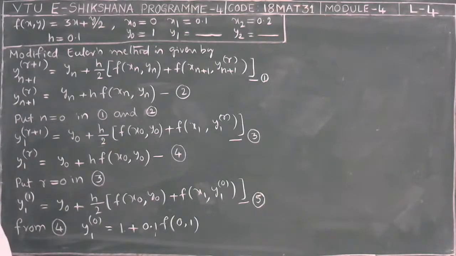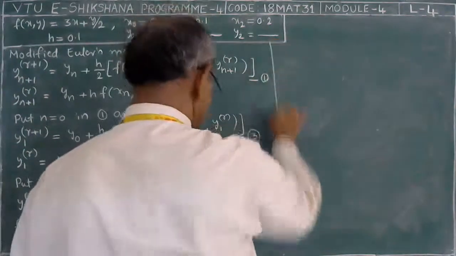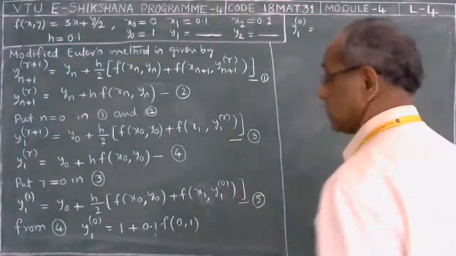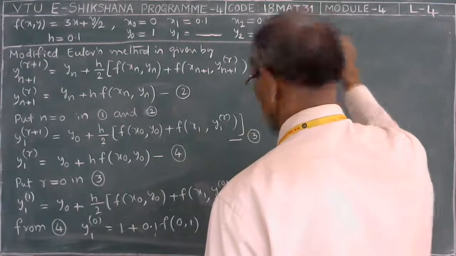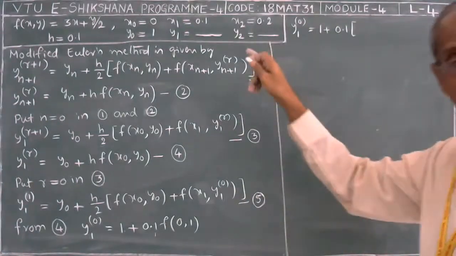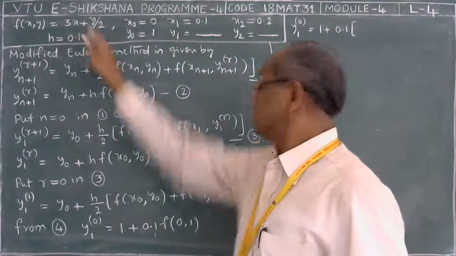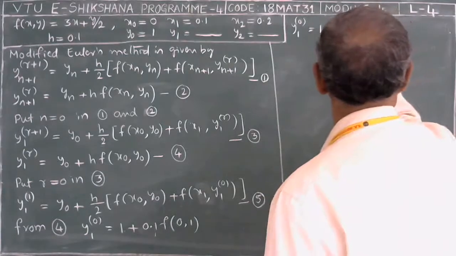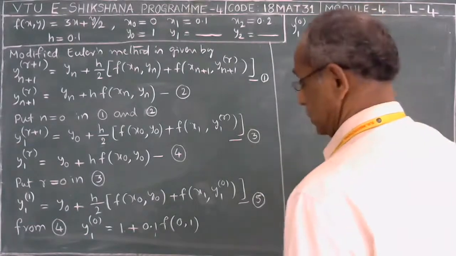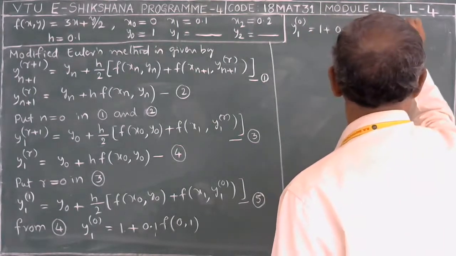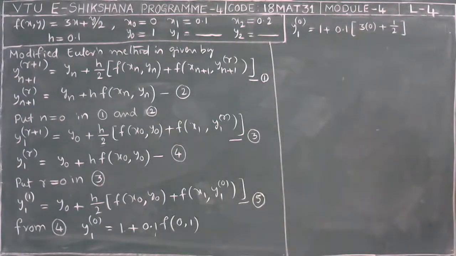Now let me apply the definition here. So y10 is equal to 1 plus 0.1 into f of 0 comma 1. f of x comma y is 3x plus y by 2. f of 0 comma 1 is 3 into 0 plus 1 by 2, that is 1 by 2, times 0.1.